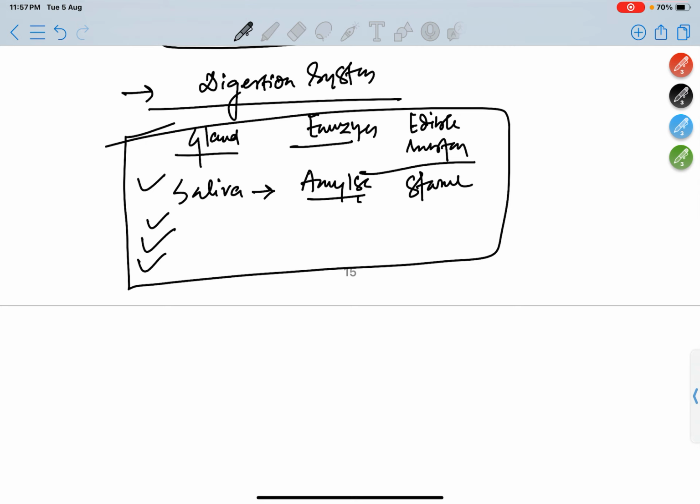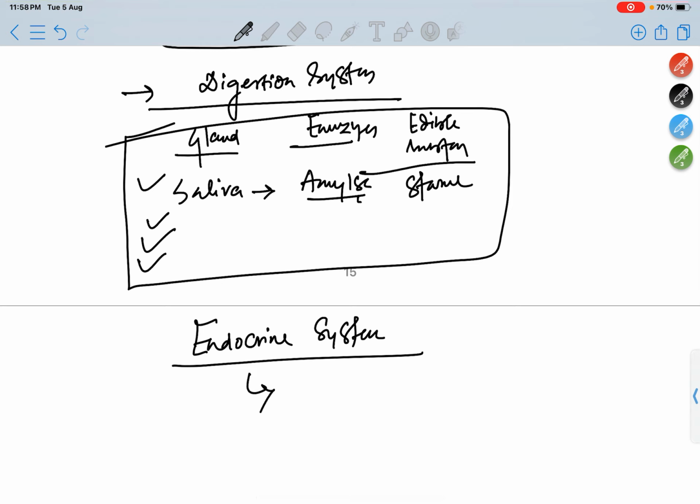Suppose the endocrine system. In this endocrine system, what you should read is exocrine gland, endocrine gland, pituitary gland. These are the glands you should read. That's it, nothing more you have to read. Read just the basic thing superficially, then move on. Okay, next.